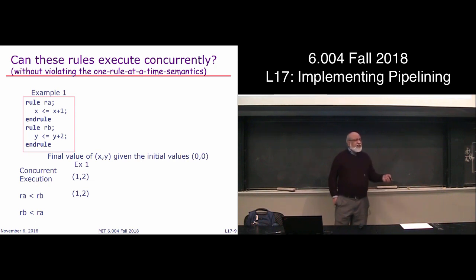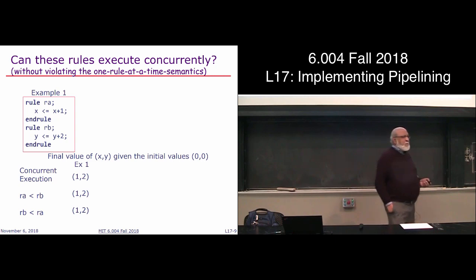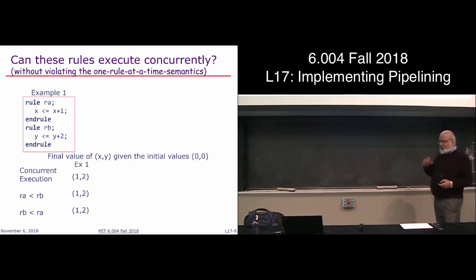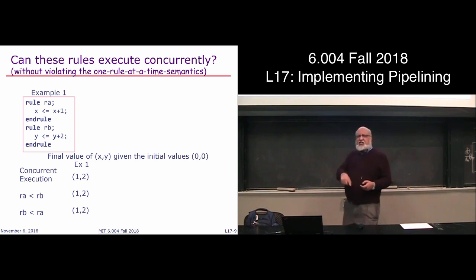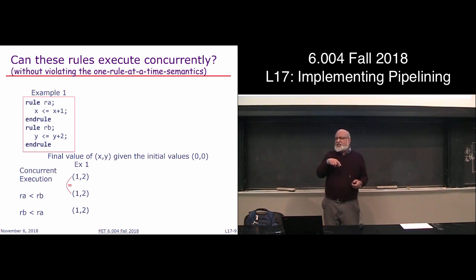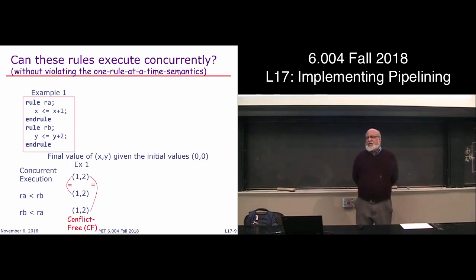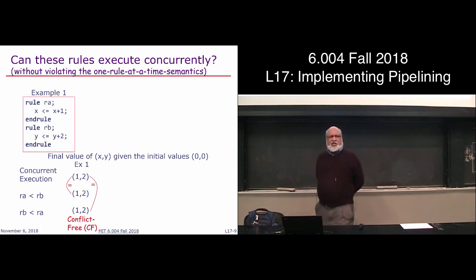Suppose you do rule RB first and then you do rule RA. Again, you get the same answer. So what you see is that the concurrent execution is consistent with both orders. It's as if RA executed before RB, or it's as if RB executed before RA. Whenever you have such a wonderful situation, we call it conflict-free. This is the best possible situation, conflict-free. Surely you can execute these rules together. That means they don't interact with each other.